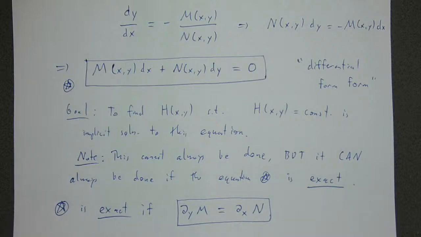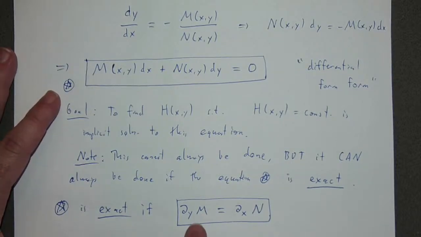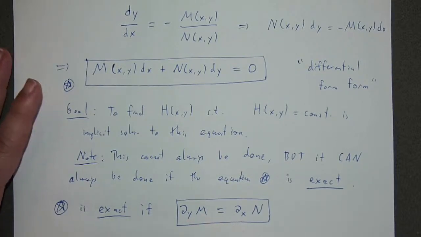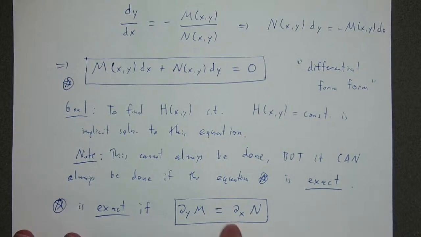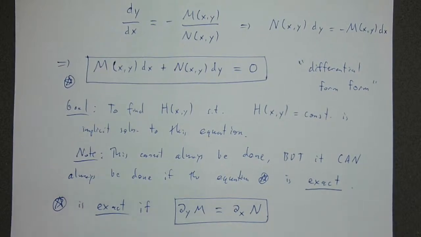You just pretend they're a constant and take the derivative like normal with respect to whatever thing you're taking the partial derivative of. So you'll see in a number of examples how this works if you haven't seen partial derivatives before. But anyway, this is what it means, that the y partial of M is equal to the x partial of N. Where does this condition come from?